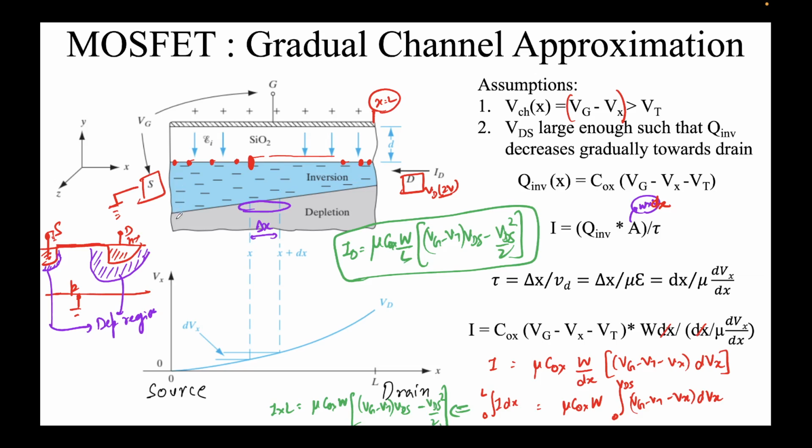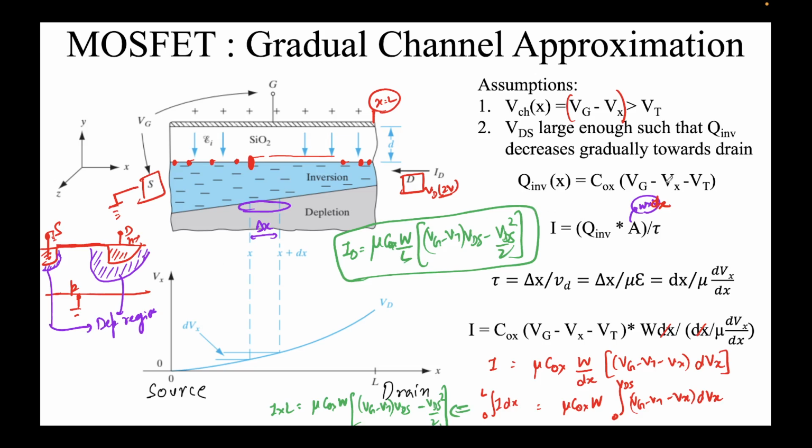On the source, the depletion contribution is much lesser as compared to the inversion layer. Right? And this comes from the fact that when you cross Vth, all the extra charge that you're building up will be stored in the inversion layer, which is not the case for the drain side, because the depletion region is widened, which is shown in this schematic on the extreme left of our screens.